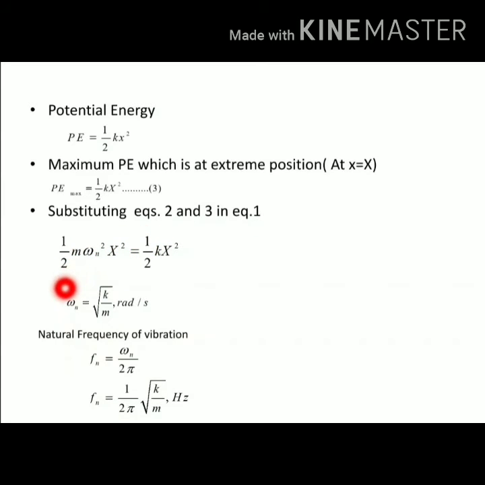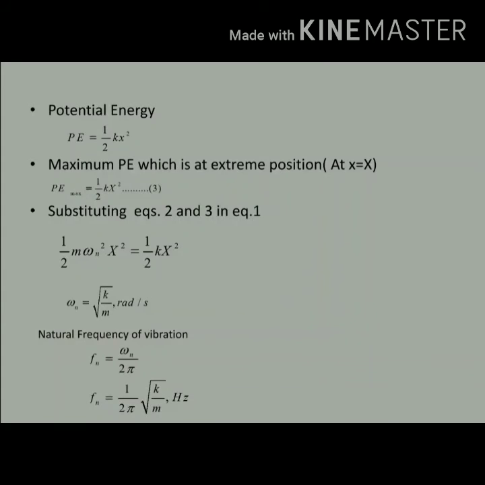So half m omega n square X square is equal to half k X square. So we get omega n is equal to under root of k by m in radian per second, and natural frequency, we get f n is equal to omega n by 2 pi. So we get f n is equal to 1 by 2 pi under root of k by m in hertz.